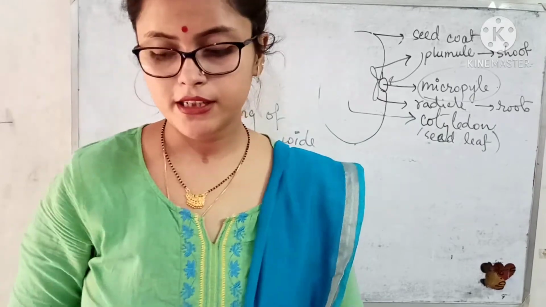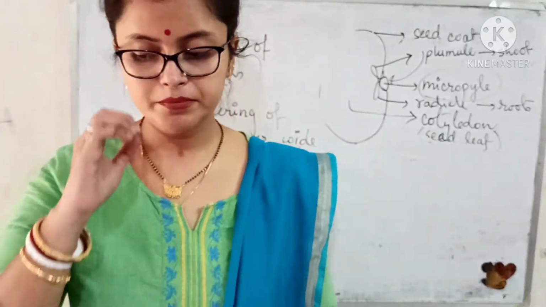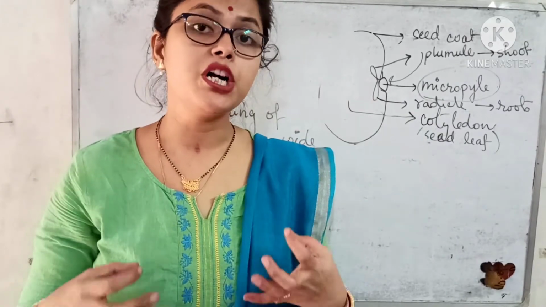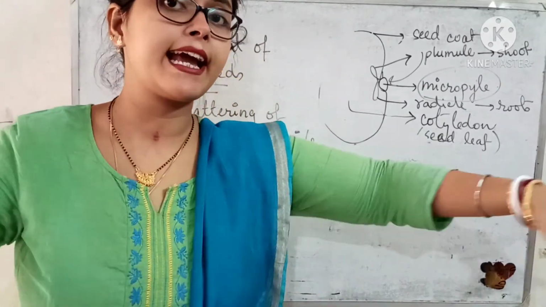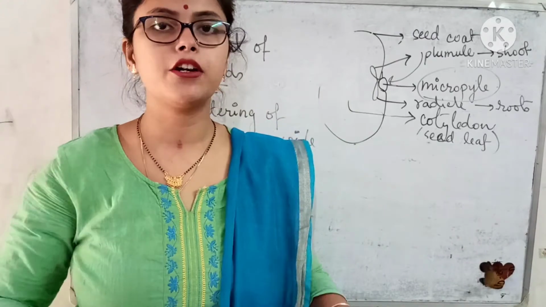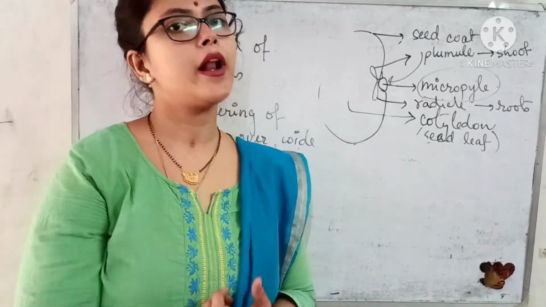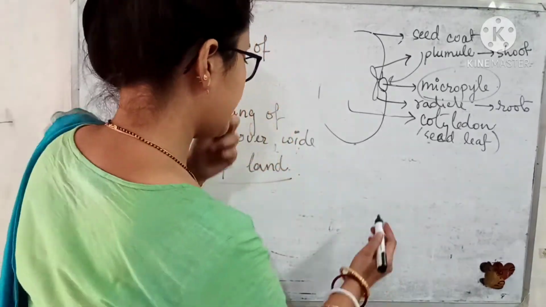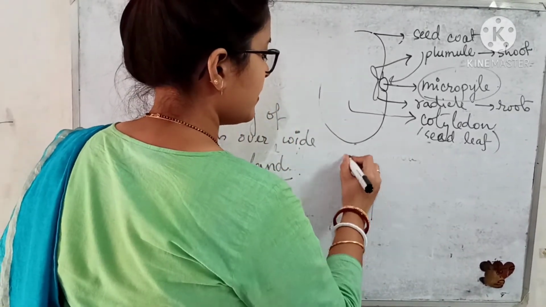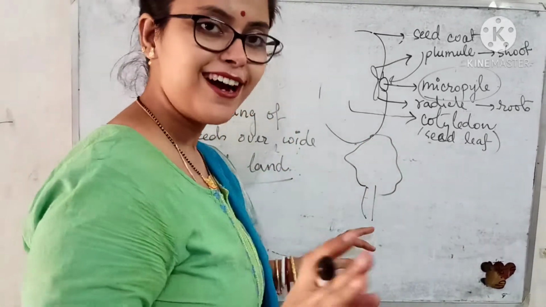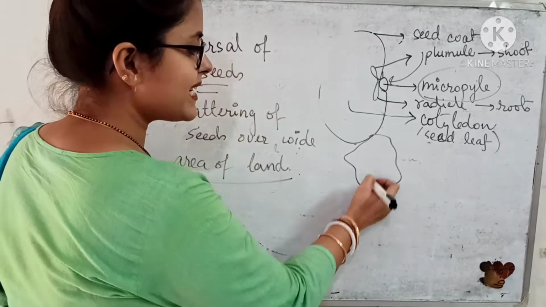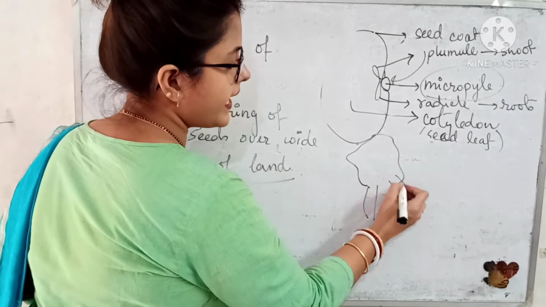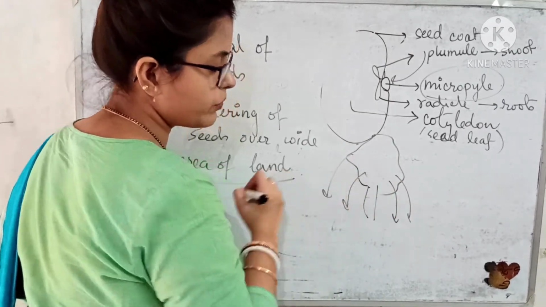Now first, let us understand why there is a need for the seeds to get scattered or dispersed over a wide area of land from the parent plant. Just imagine that there is a mango plant here. I am very bad at drawing. Now the seeds from all the mangoes land nearby. What will happen?